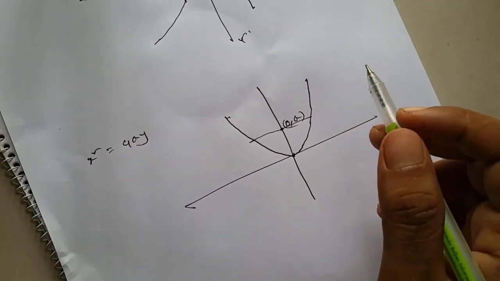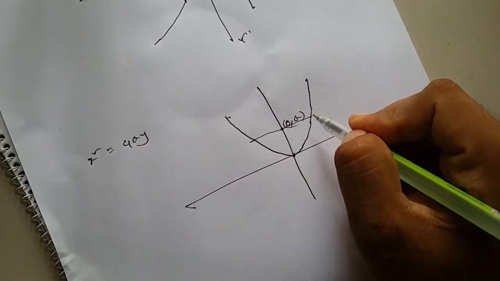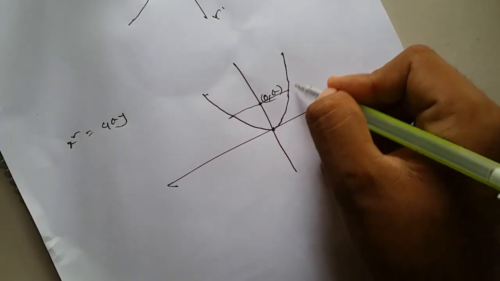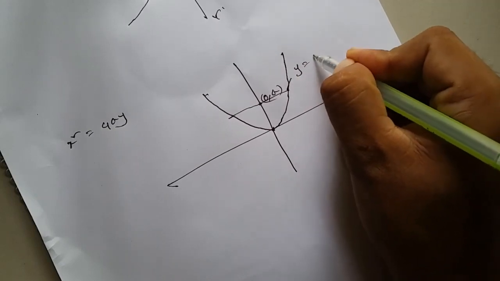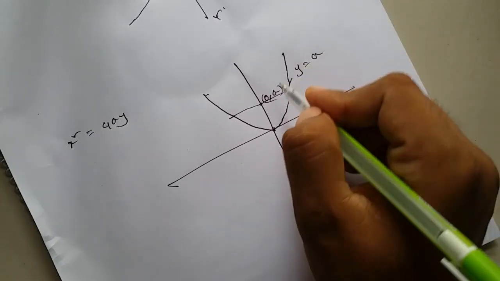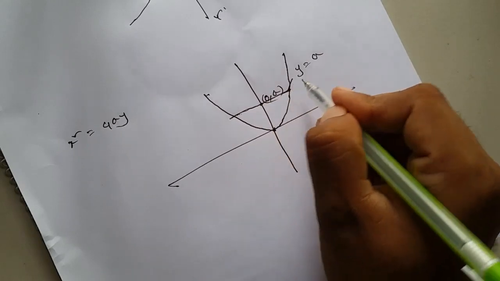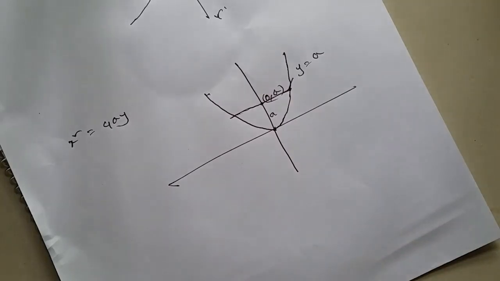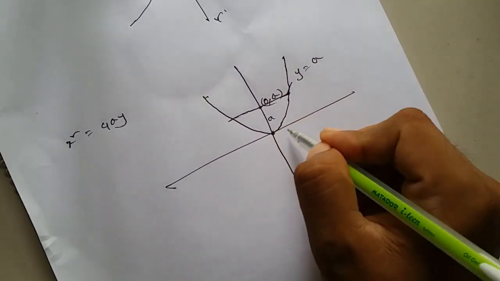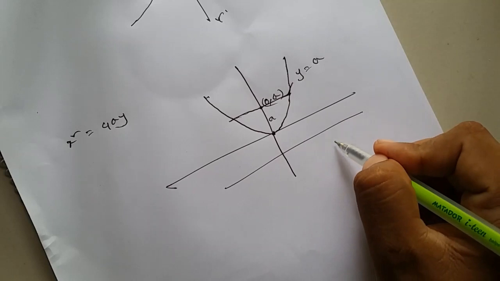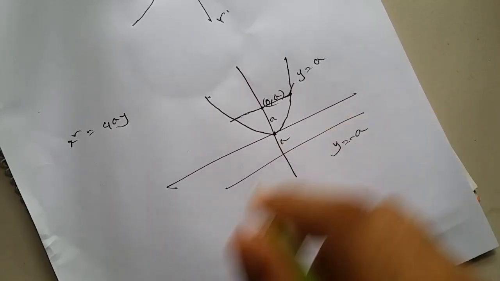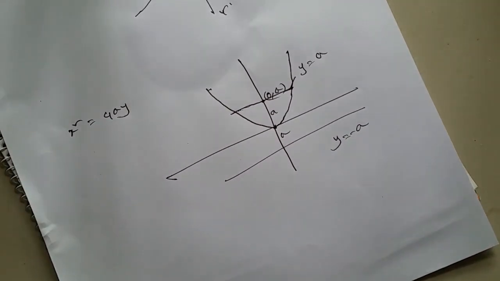Here this is parallel to x-axis, so y equal to something, then y equal to a. This is vertex (0, 0), and directrix y equal to something, this is also a, in the negative direction, so y equal to minus a. Length of latus rectum same, 4a.